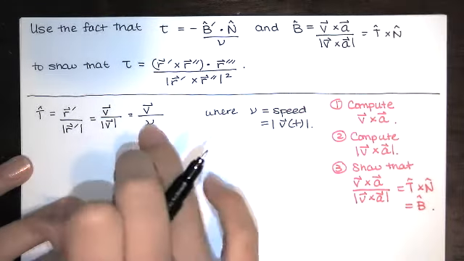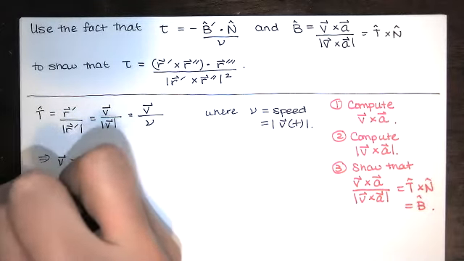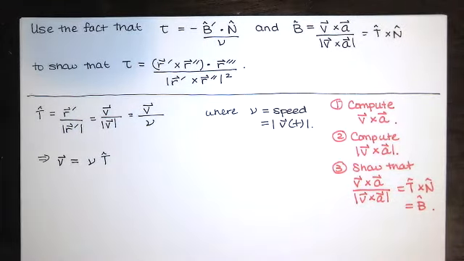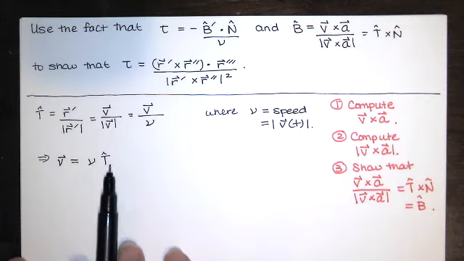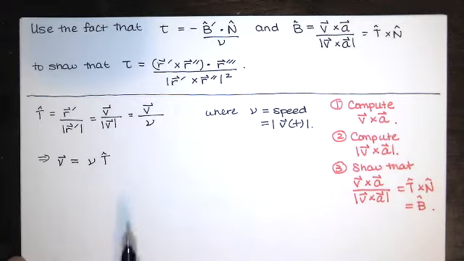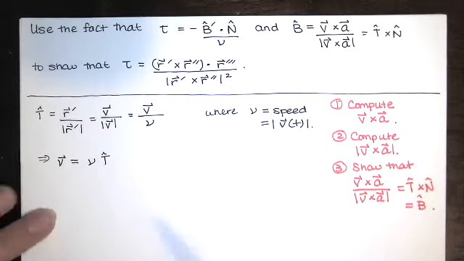Okay, well with this, I can solve for velocity. And I have that the velocity is just the speed times the unit tangent vector. And I think that makes a lot of sense because the unit tangent vector is pointing in the direction that you're moving. And then we take that vector that's pointing in the direction of motion and we multiply by the speed, and that's going to give us velocity. And then we can also write the acceleration in terms of t hat and n hat.